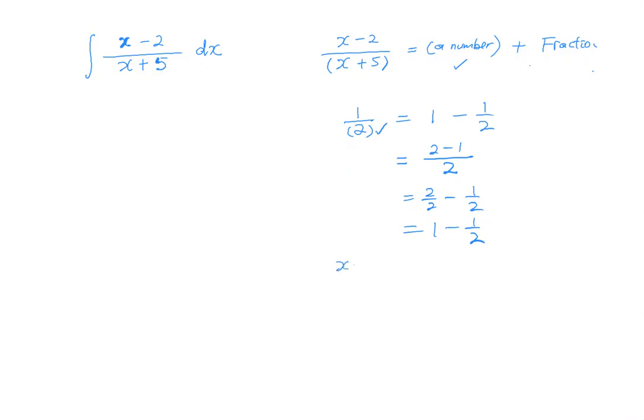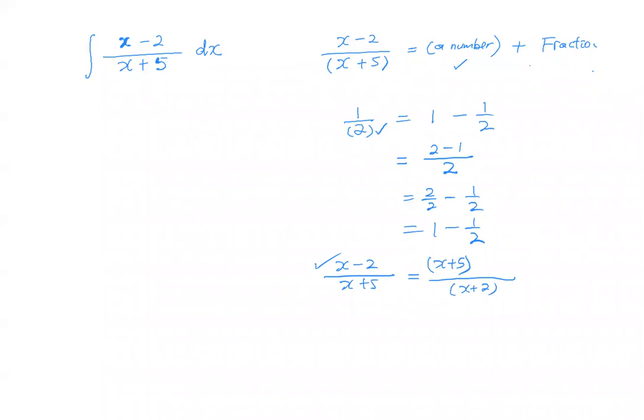So x minus 2 over x plus 5. So I create a denominator up here. But my numerator is x minus 2, not x plus 5.